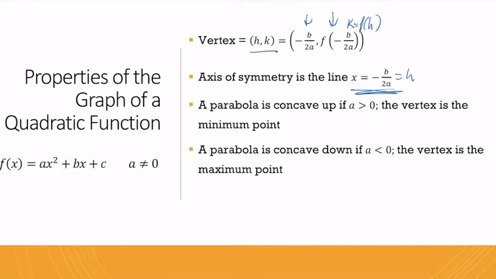If my parabola is concave up, that means a is positive, and my vertex is my minimum. So if it's opening up, my vertex is the lowest value. If my parabola is concave down, when a is less than 0, so it takes on a negative value, the vertex is my maximum point, right? And there is no minimum.